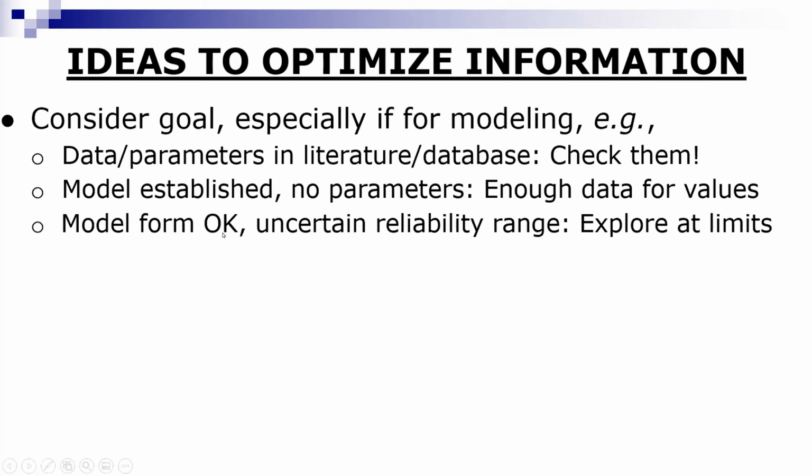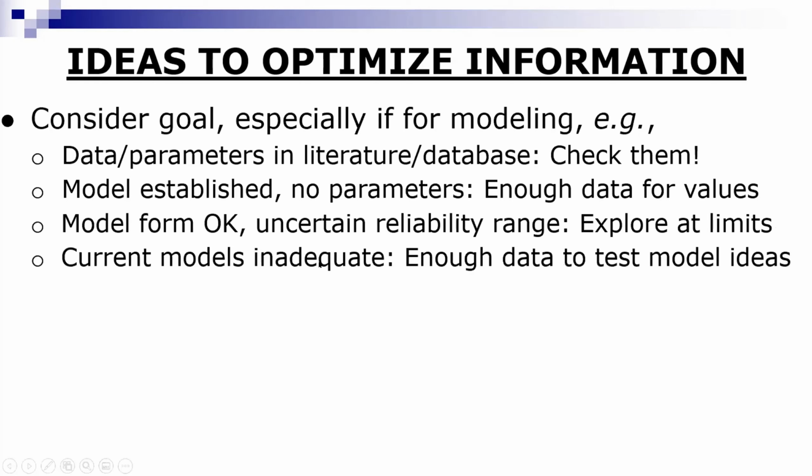If the model form is okay, but you're not sure how reliable it is, whether it's going to work in your case, you should explore what the results are at different limits that you're going to, and see if the consequences at these extremes make sense and are consistent with what behavior would have to be in your process.